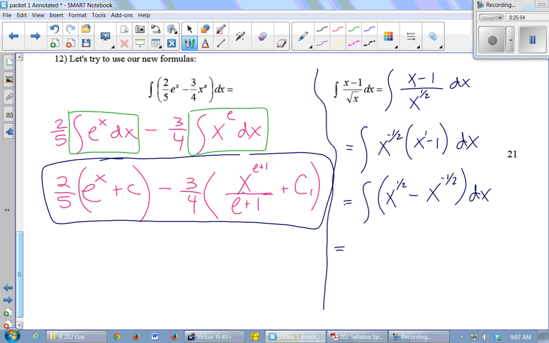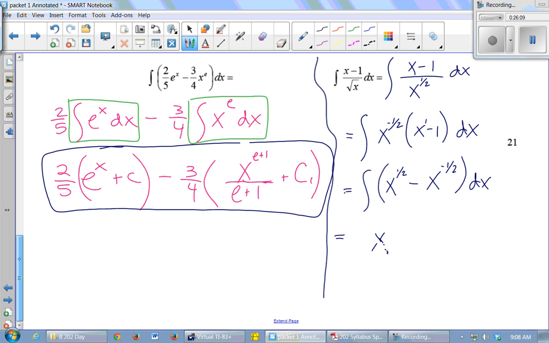So my antiderivative power rule says I should increase the exponent by 1 and divide by that number. So 1/2 plus 1 is 3/2. So I should have x to the 3/2 and divide by 3/2, right?